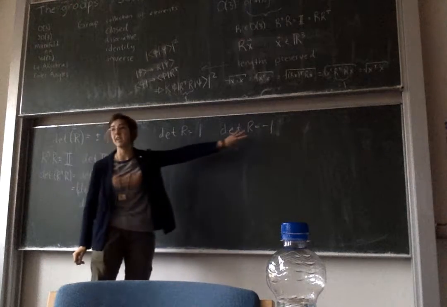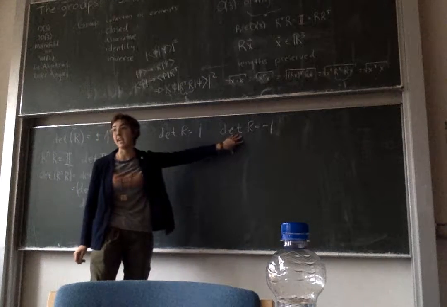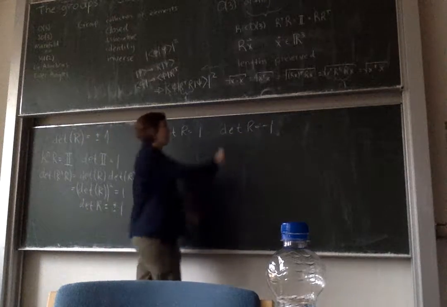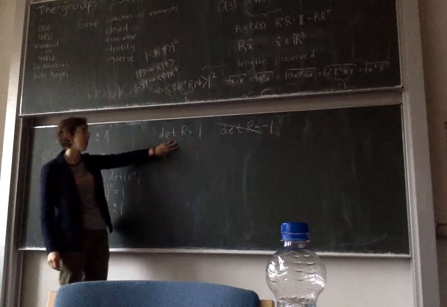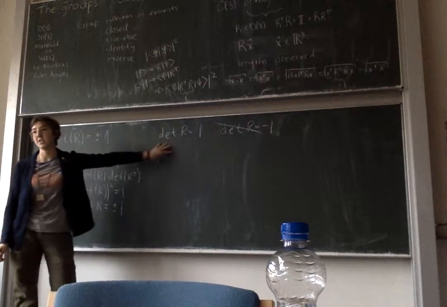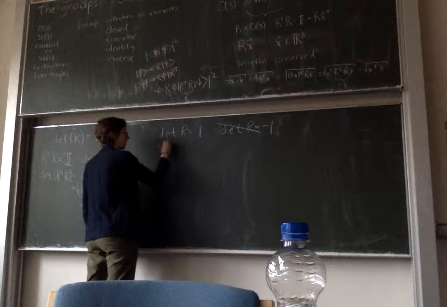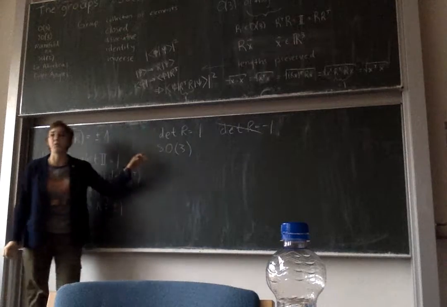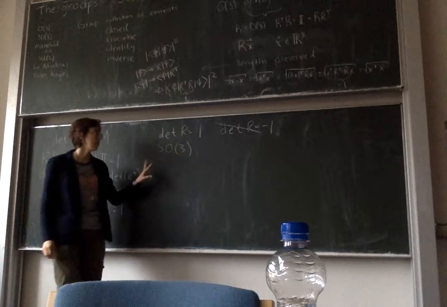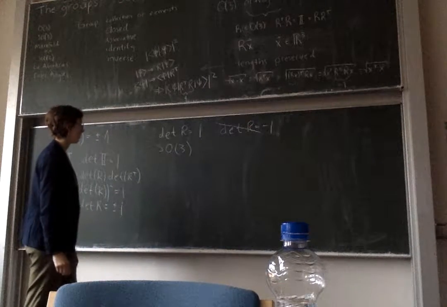So this sub-collection does not contain the identity. So if it doesn't contain the identity, it's not a subgroup. So we don't consider that case. We consider this case. And we call this property of the determinant equaling plus 1 special. So this leads us to call this new subgroup SO3. And SO3 has all of the properties of O3 also.